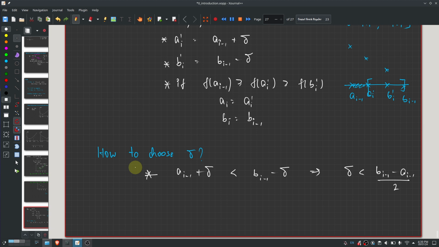At every step we don't have to evaluate all 4 points, because I already have f of A_{i-1} and f of B_{i-1} from the previous iteration. So I only have to evaluate f of A_i' and f of B_i', which is 2 evaluations per iteration. Can we reduce this to just 1 evaluation per iteration?